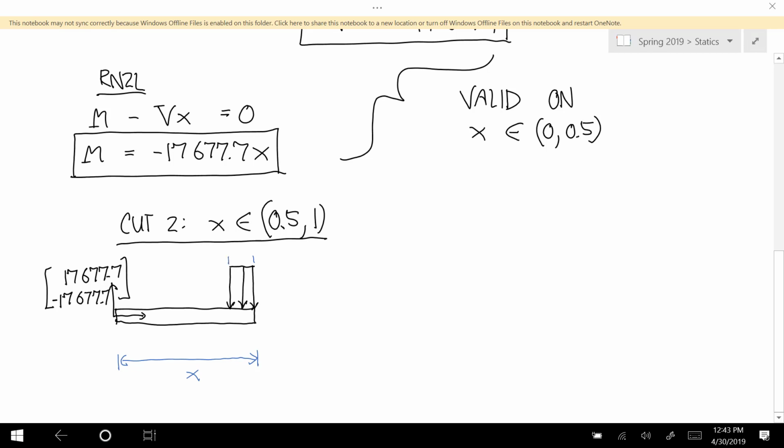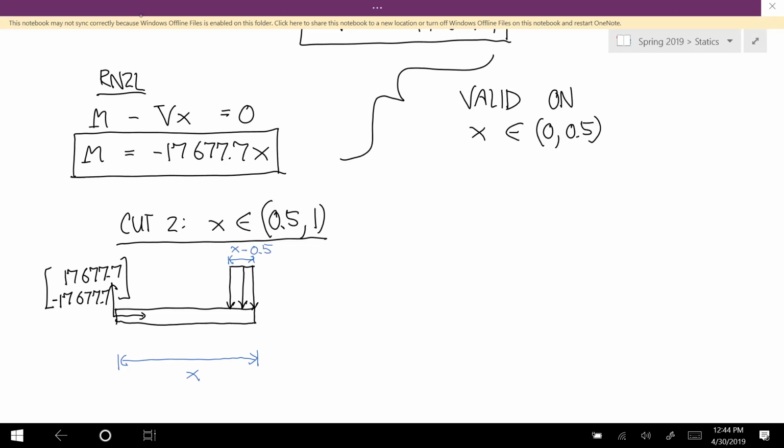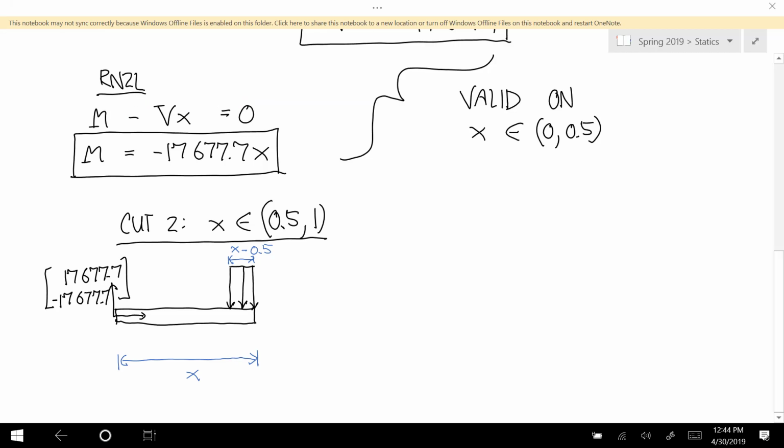The length of just this piece is x minus 0.5. And then we have the internal loads.